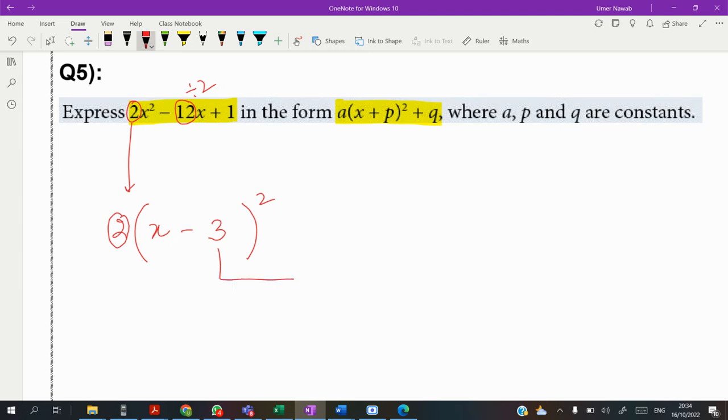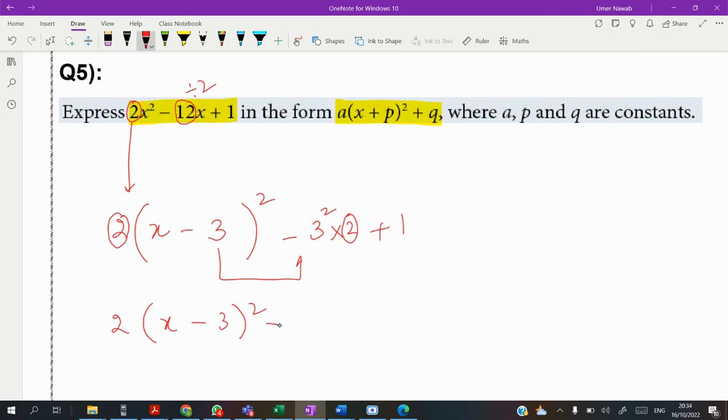Now you copy here negative 3 squared times the number 2, plus 1. So I write 2 times (x minus 3) whole squared, minus 9 times 2 is minus 18, plus 1, which gives you minus 17.